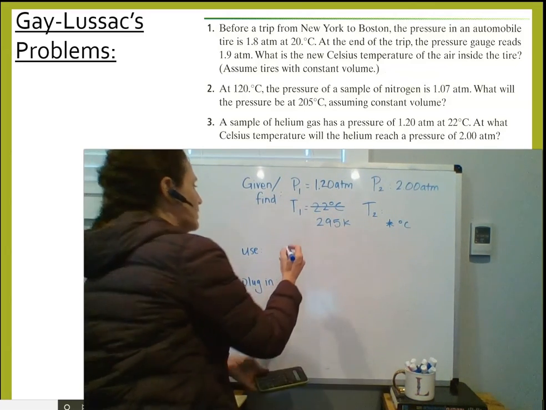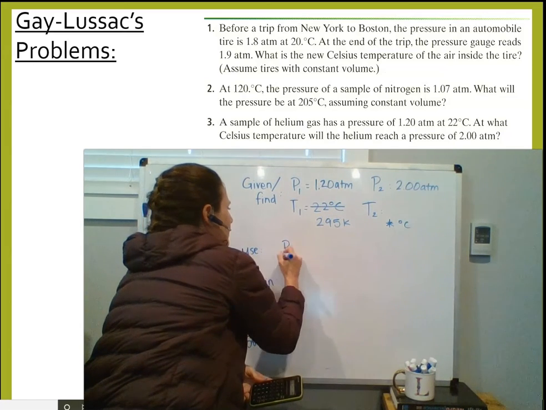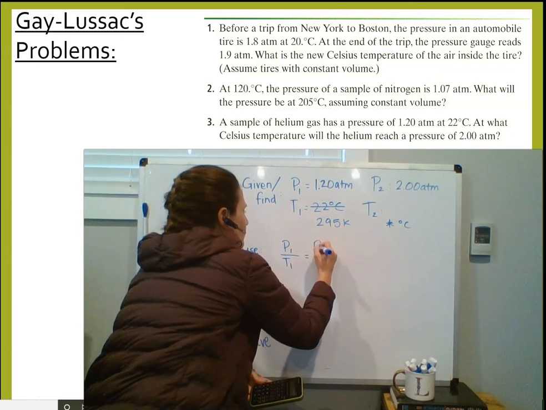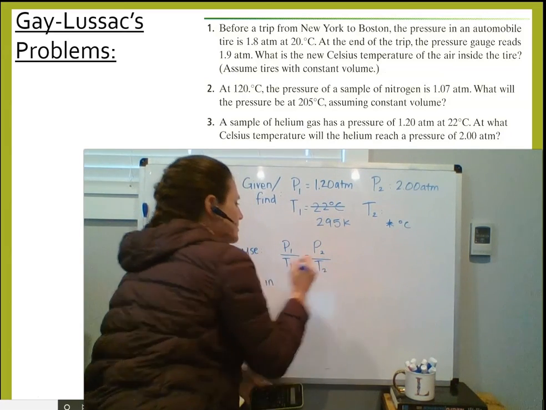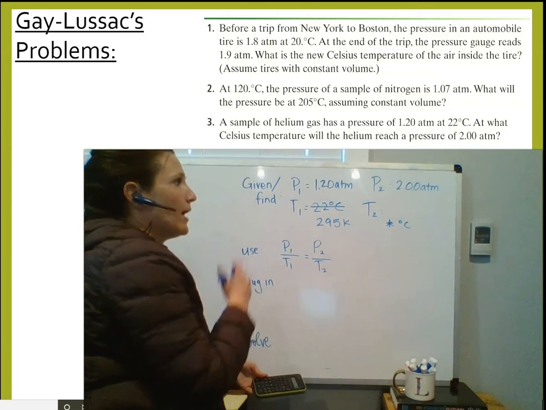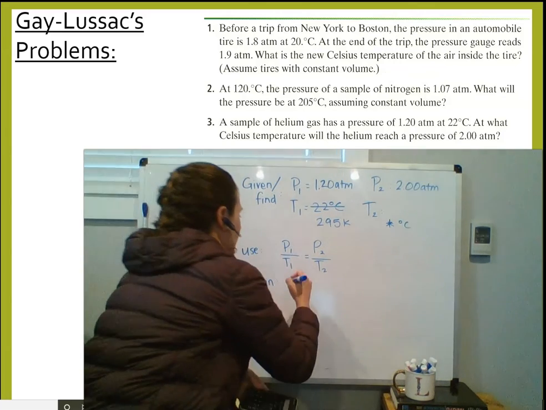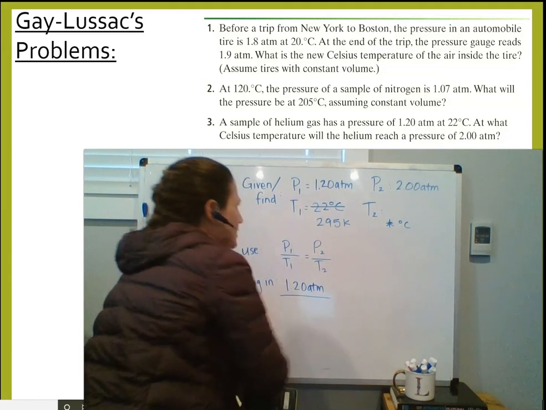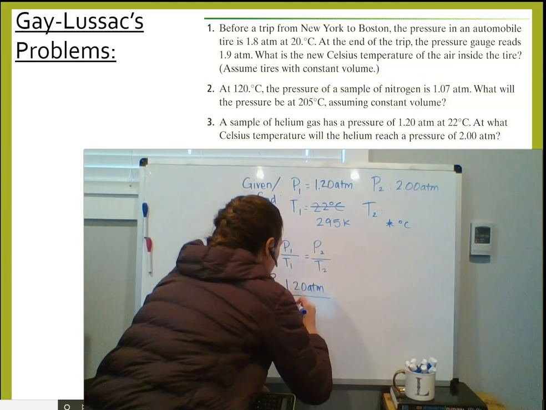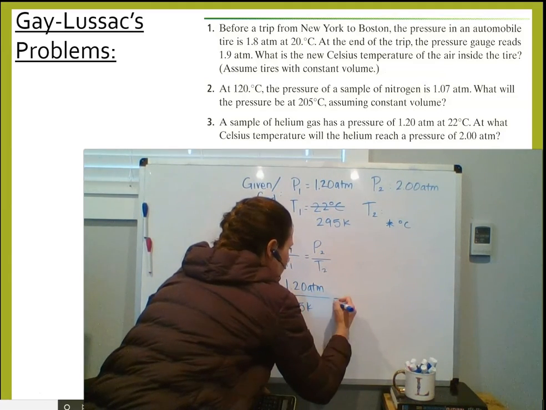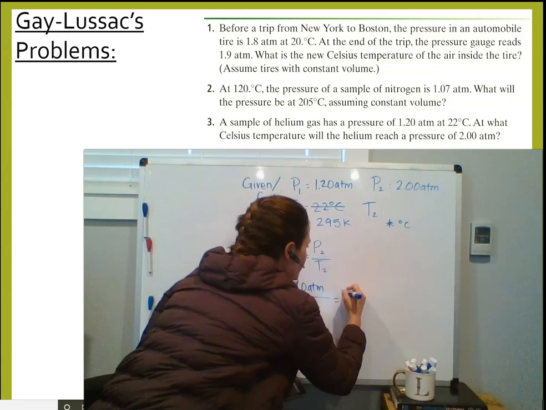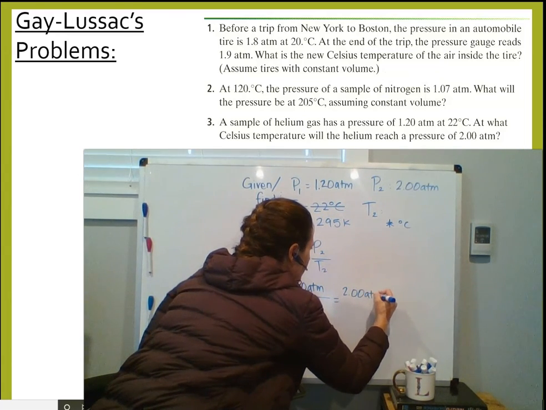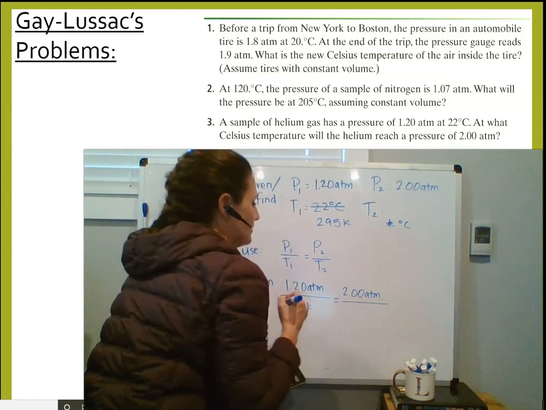So we're going to do P1 over T1 equals P2 over T2, and plug in: 1.20 atm divided by 295 Kelvin is equal to 2.00 atm divided by T2.